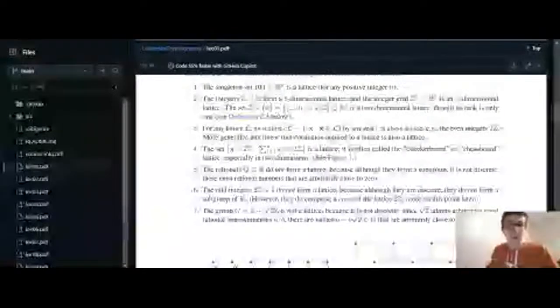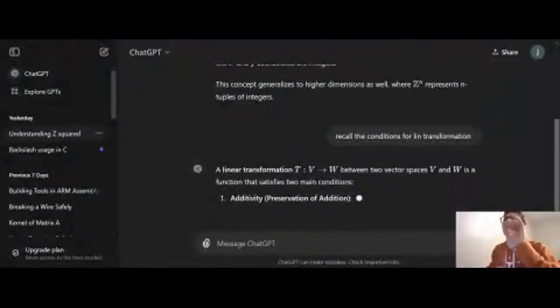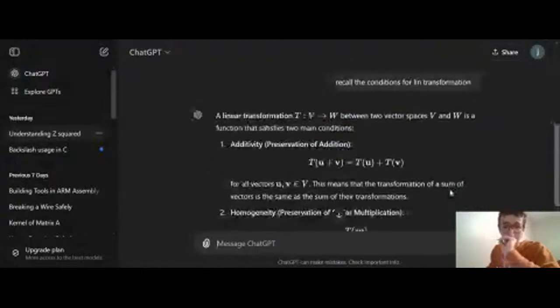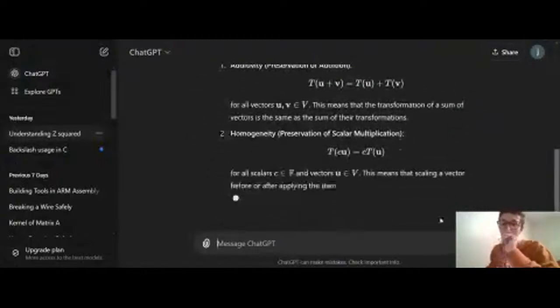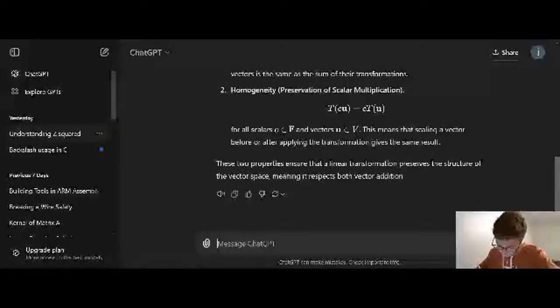We're going to ask the forbidden fruit one more time. Oh, it's the multiplication and addition, right? Okay. So I'm just going to say recall scalar multiplication. Cool.